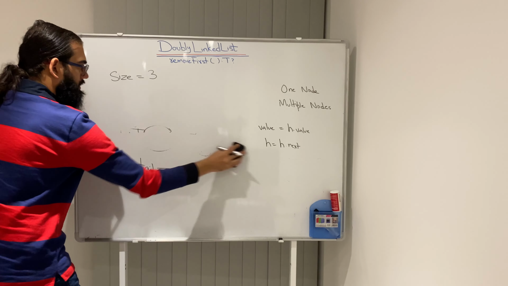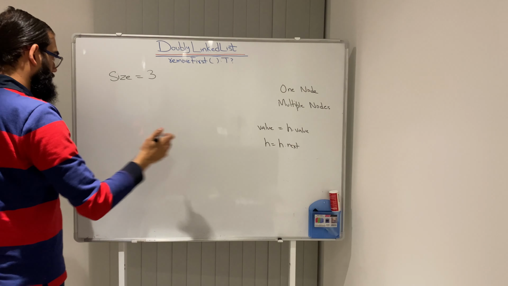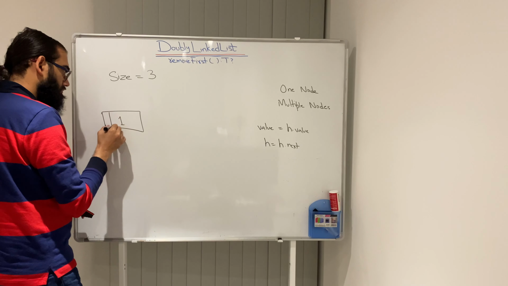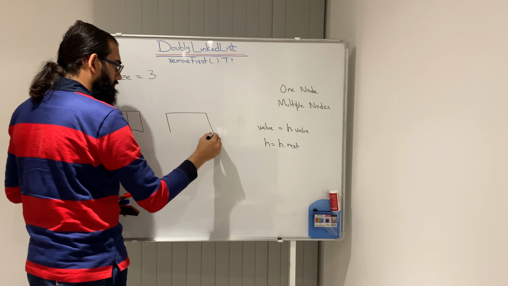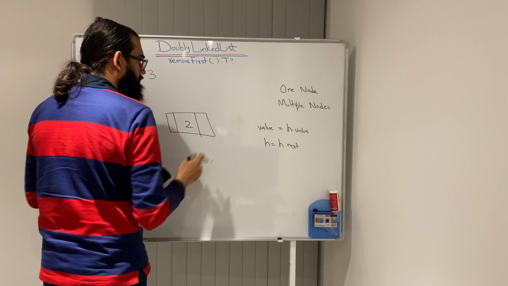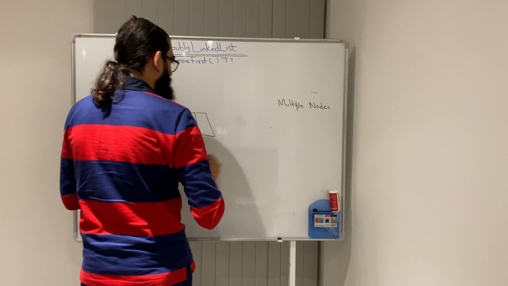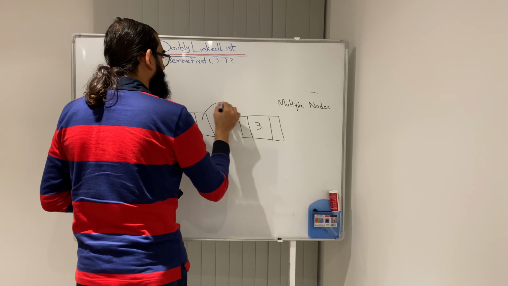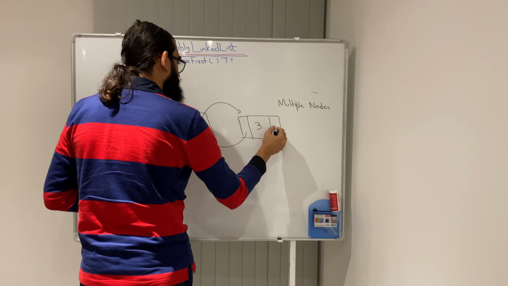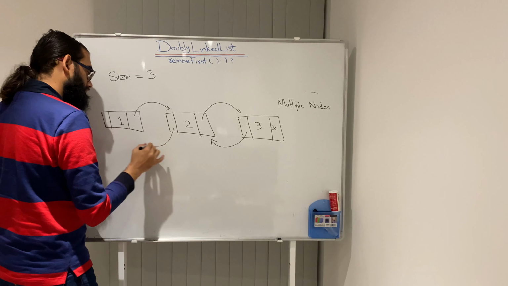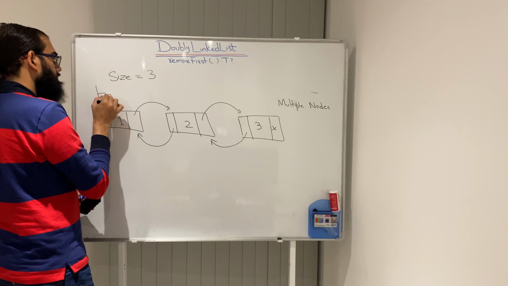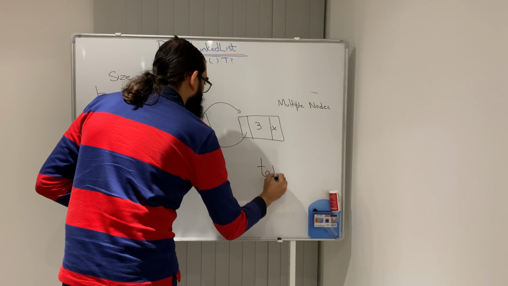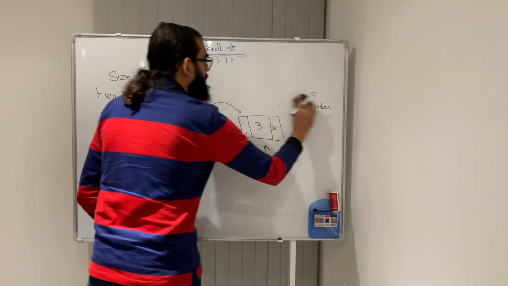Maybe I can make this cleaner so we can understand easily what we are doing. This is the last node. This one is head, this one is tail, and now we start our multiple node edge case.